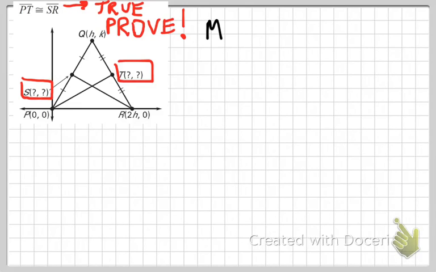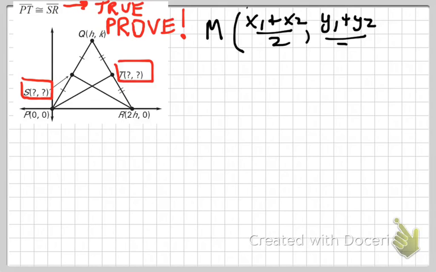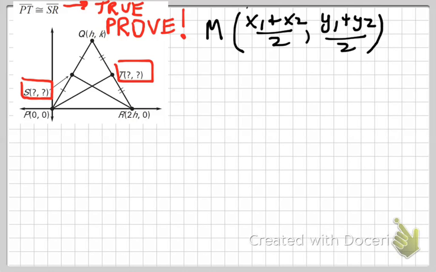The midpoint of any segment is the average of the x's, so x1 plus x2 divided by 2, and the average of the y's, y1 plus y2 divided by 2. So we get that there.